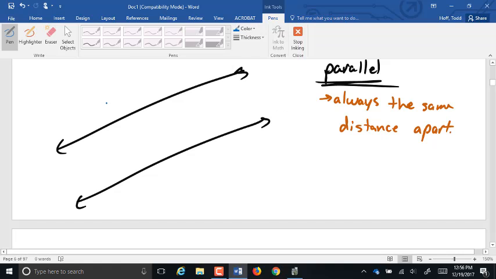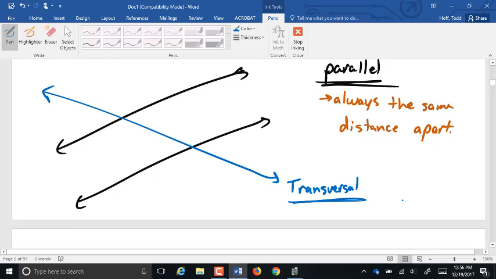Now, when we have any two lines that are cut by a third line going across both of them, that line that cuts across them is called a transversal. The transversal, of course, is most useful when it cuts across parallel lines like this.